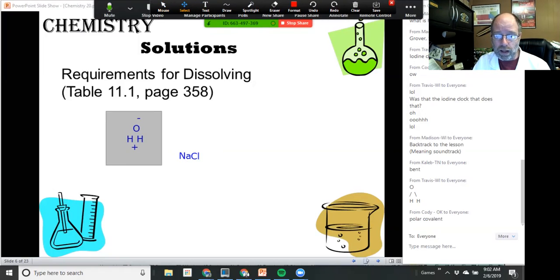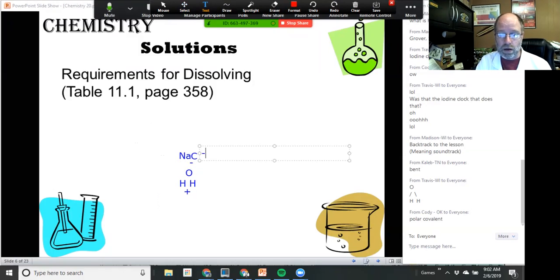The water molecule, which is polar, comes up to your sodium chloride, which is ionic. What does it mean that it's ionic? Well, it means that the chlorine has taken the negative from the sodium, and the sodium has become positive as a result.